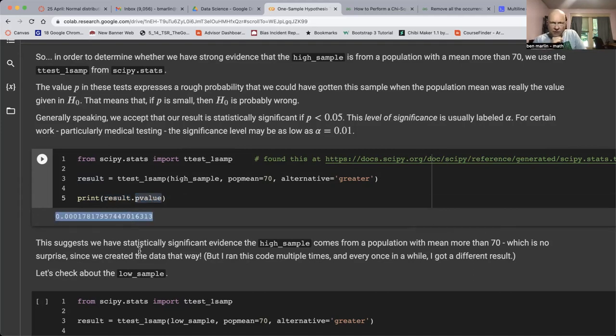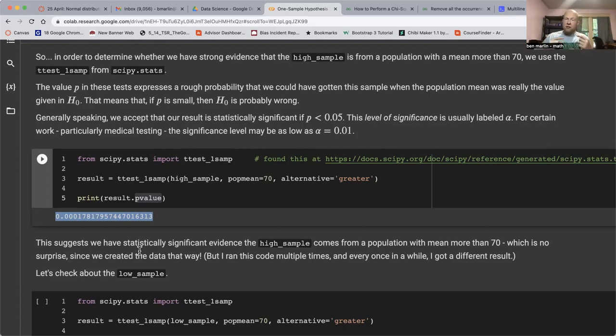And for that particular sample, it got it being 0.000178. Okay. So that is around 2/100ths of 1%. That's very much smaller than 0.05, right? So this is a super duper strong evidence that the stuff we were pulling, the random sample, is in fact from a population with a mean more than 70%, which we knew because we had one that we pulled it from a population with 75% as the mean, right?